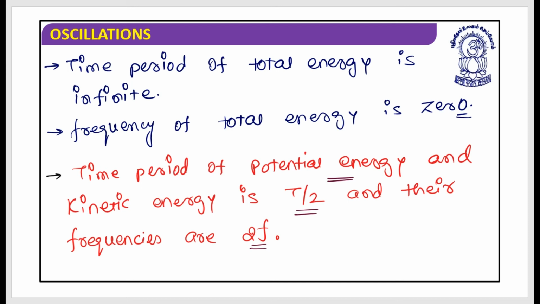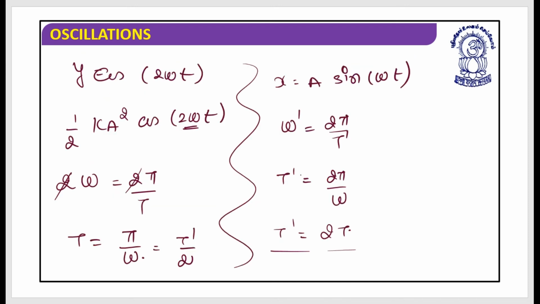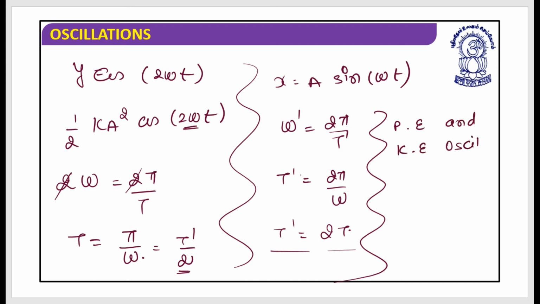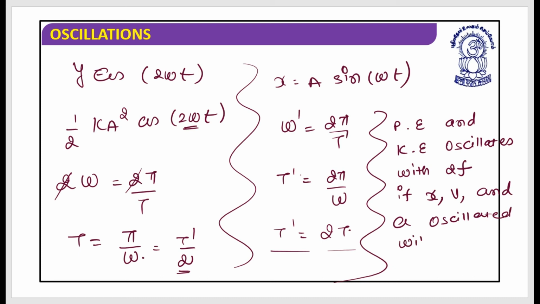Have you done with this? Are you sure? Yes. So from this it has been derived that potential energy and kinetic energy oscillate with 2f if displacement, velocity and acceleration oscillate with frequency f.